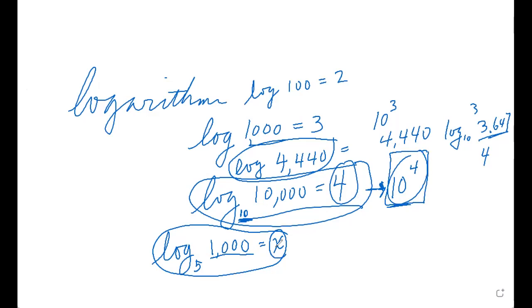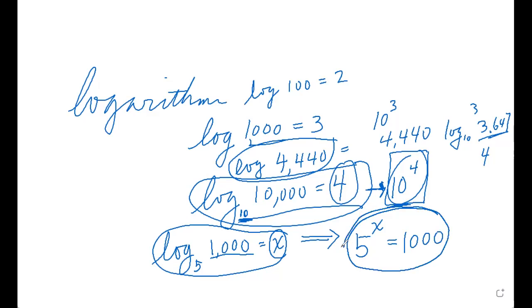In other words, a log can be written as an exponential function given the base 5. And this is the exponent we want. And this is what we're trying to figure out. And there is a way to figure this out using logarithm, and we'll show you that in the next video.